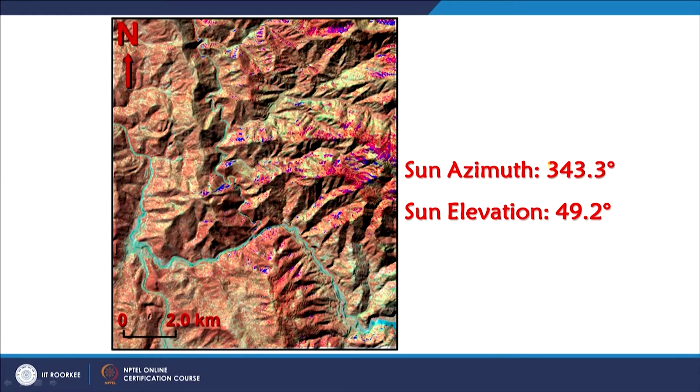Now, the sun azimuth here is not possible in a real situation, because, as I have already mentioned, we need the sun to illuminate the terrain from the northwest direction, which is impossible, because before the sun could reach there, it will set in the west. It will never reach the northwest direction, but we can model it, and this is exactly what has been done in this case. We have modeled the sun to go in the northwest direction and illuminate the terrain.